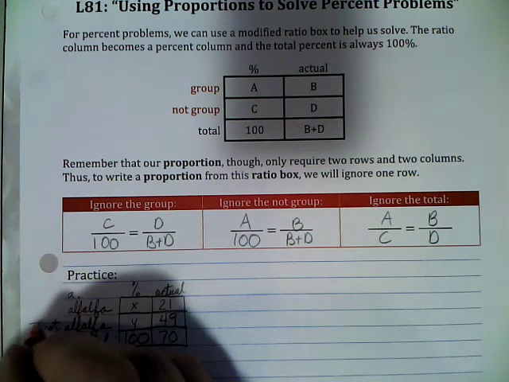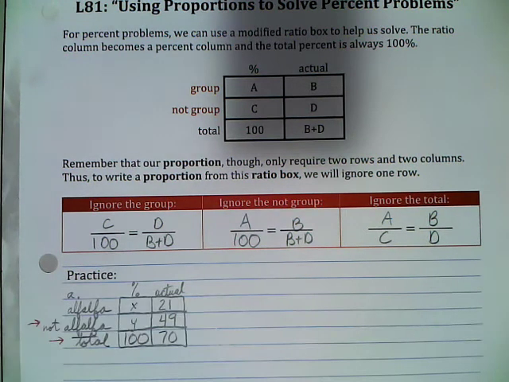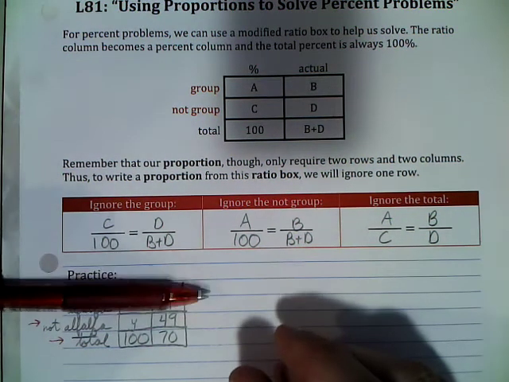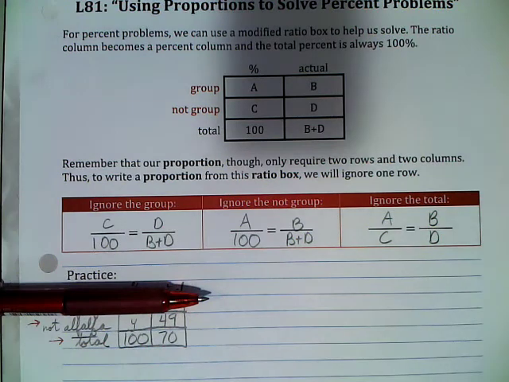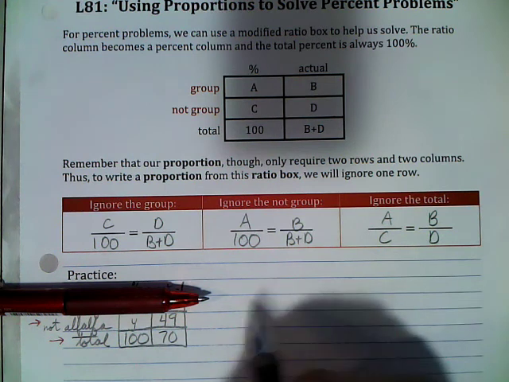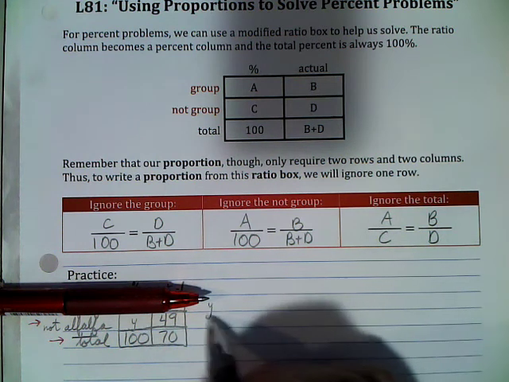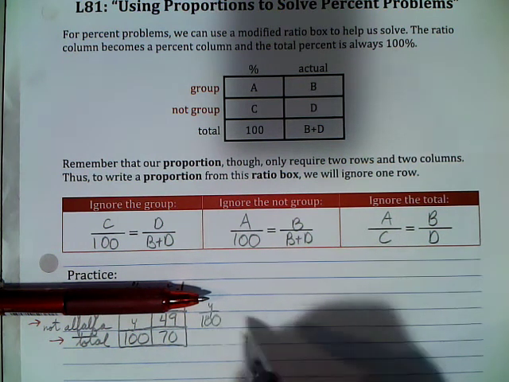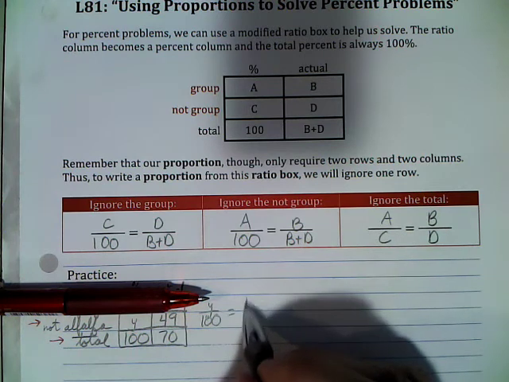So it's the not alfalfa that I'm interested in, which means we could ignore that top row. So if I imagine just peeling the box off like a sticker, I would have y over 100 equals 49 over 70.